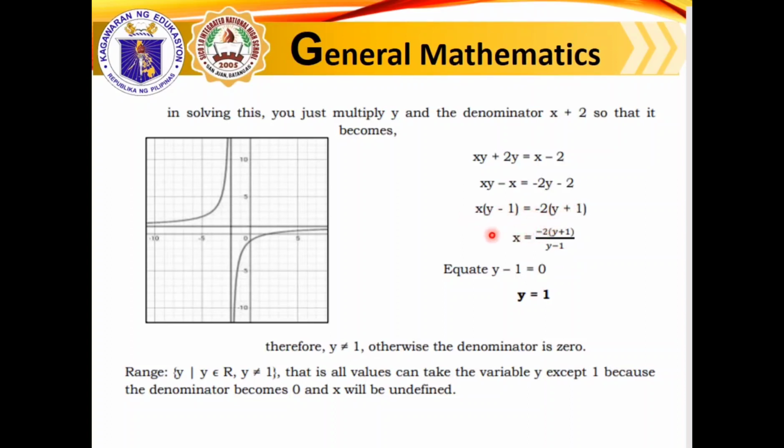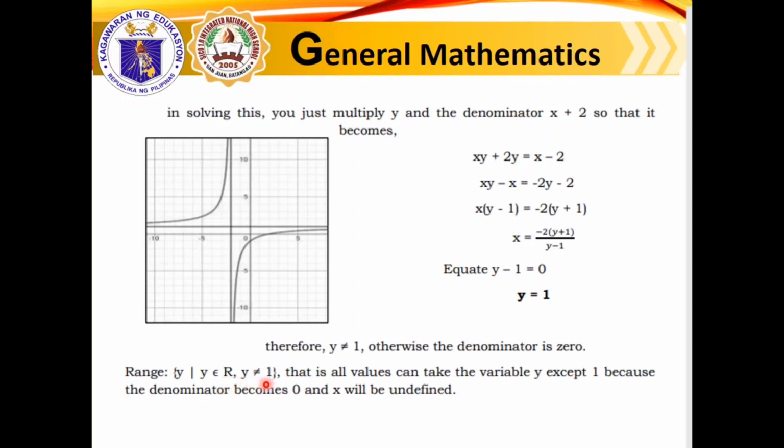So equate y minus 1 is equal to 0. So the value is y equals 1. So therefore, y is not equal to 1, otherwise the denominator is 0. So the range will be y such that y are all elements of R such that y is not equal to 1.